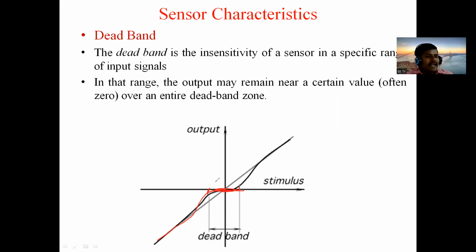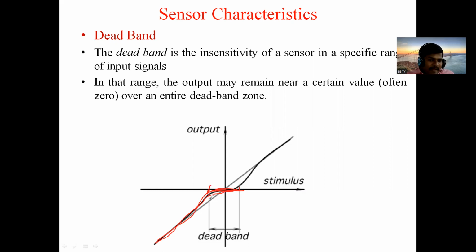In that zone, the output of the sensor is nearly equal to 0 or even 0, right? So this is the dead band characteristic. Suppose we consider a sensor that gives output in this form, like a graph, or one of the transfer functions of any sensor.